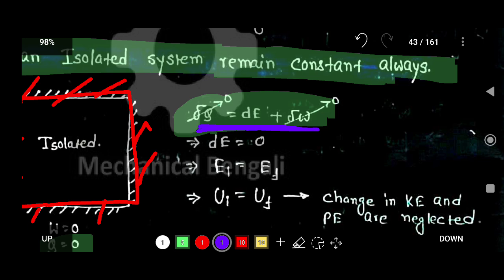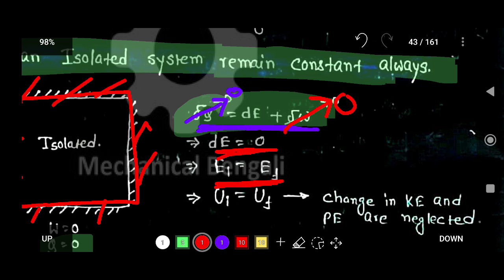If it is insulated, δQ = 0, and if there is a rigid vessel, then δW = 0. So from here you can say that dE = 0.